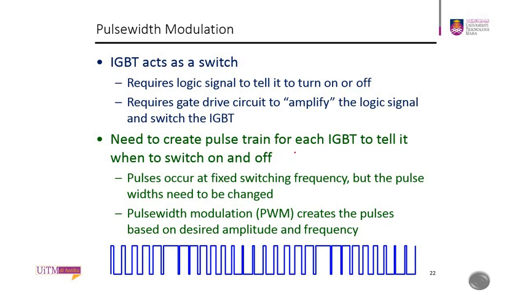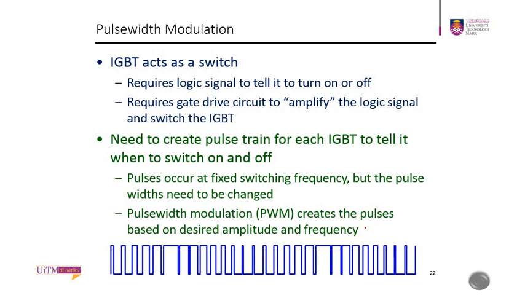And it needs to create a pulse train for each IGBT to tell it when to switch on and off, using PWM. Pulses occur at a fixed switch frequency, but the pulse width needs to be changed in order to change the speed.